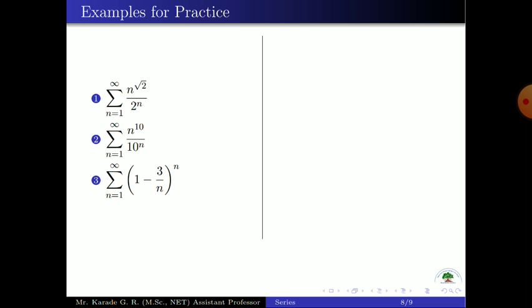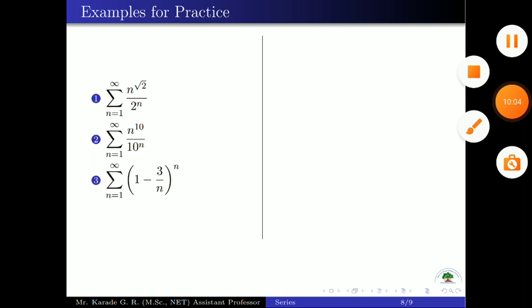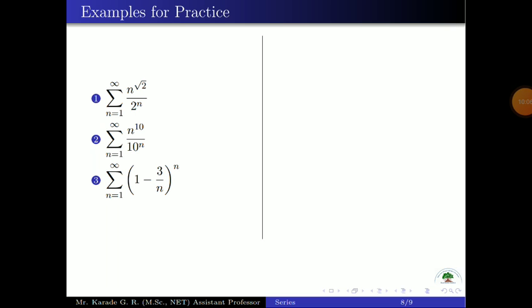So let us write some examples for practice. These are some examples for your practice. First example is the series summation n equal to 1 to infinity n raised to root 2 divided by 2 raised to n.